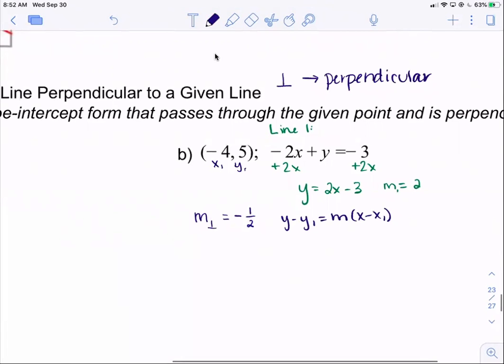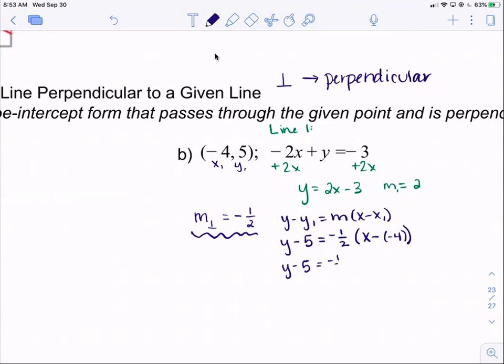So plugging in, we have y - 5 equals our perpendicular slope we just found, which is -1/2, times the quantity x - (-4). We can simplify that: y - 5 = -1/2 (x + 4).